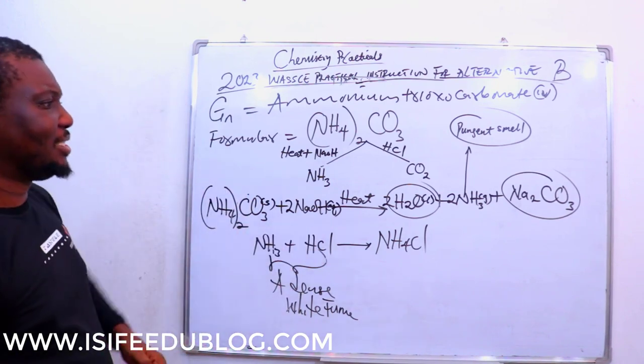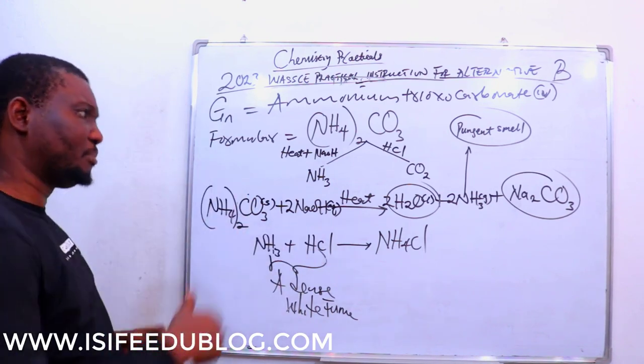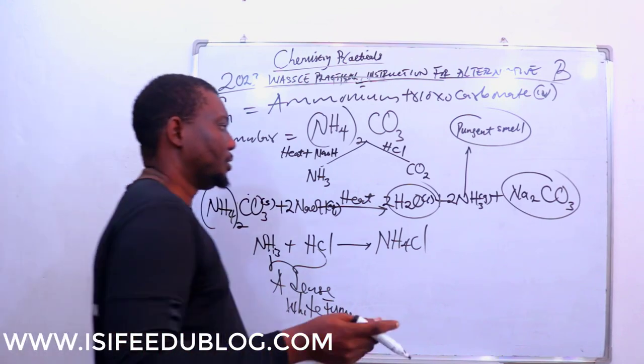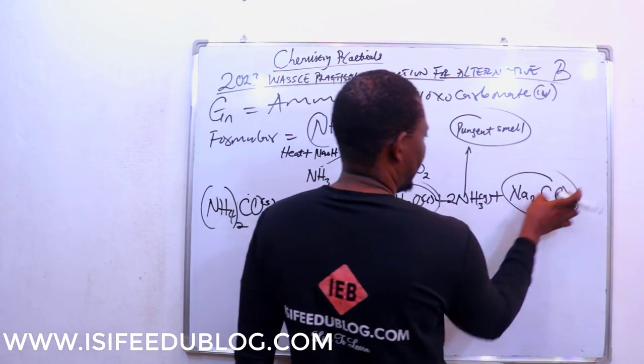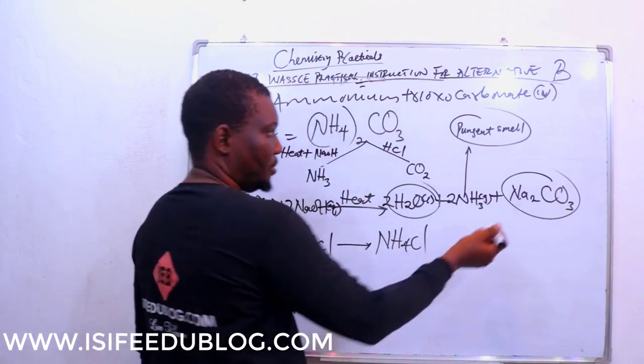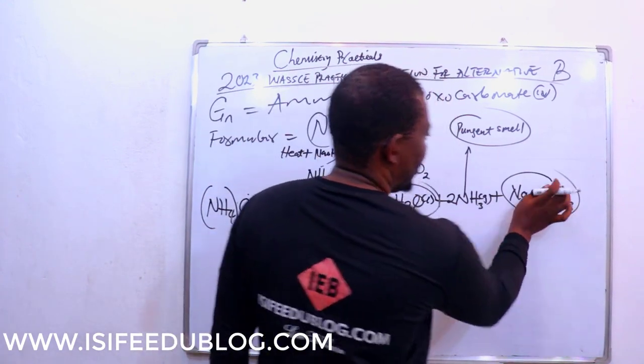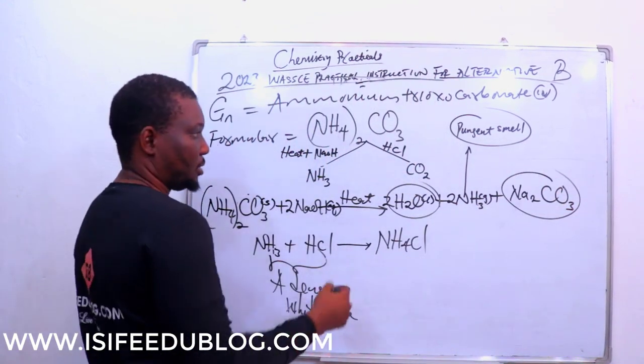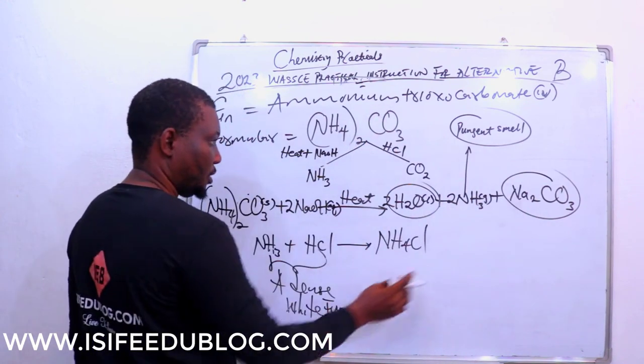In the same test tube, they may ask you to add HCl. That means you want to know if carbon(IV) oxide gas will be evolved from this.